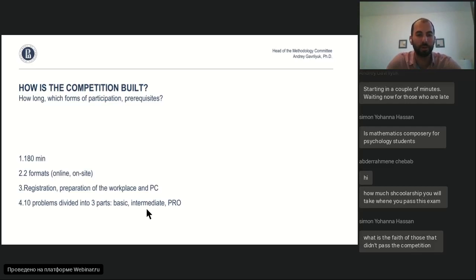The second part is divided into an intermediate part and a pro part. They are divided because they have slightly different rules in which form to answer the questions.